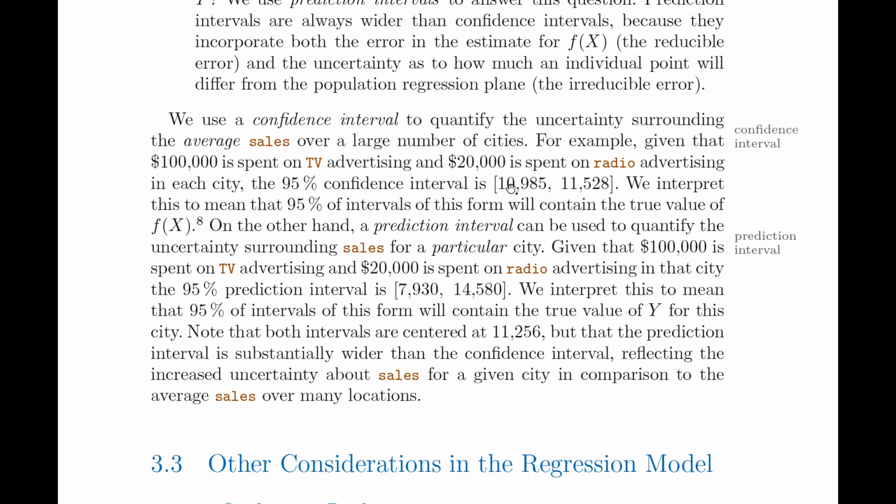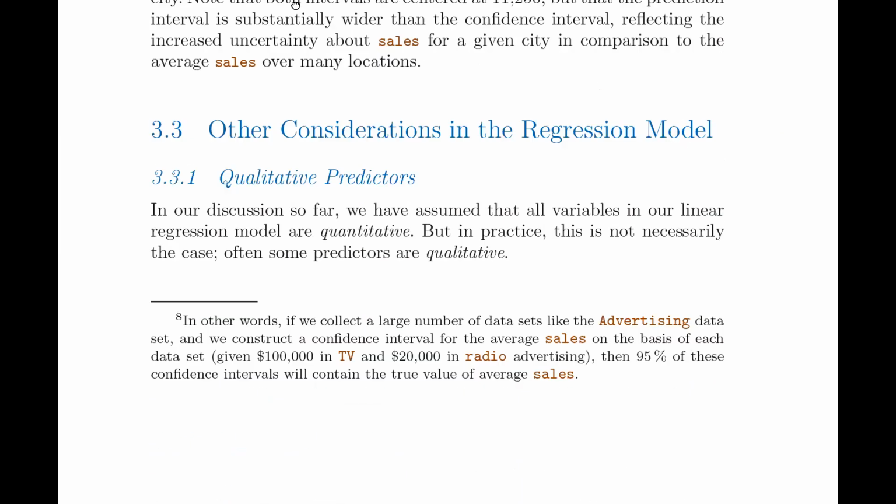between 10,985 units of sales, I don't know, hotel bookings, and 11,528 hotel bookings. We interpret this to mean that 95% intervals of this form will contain the true value of f of x.